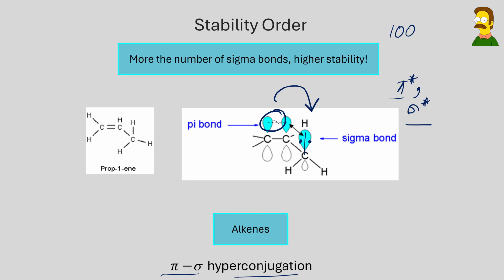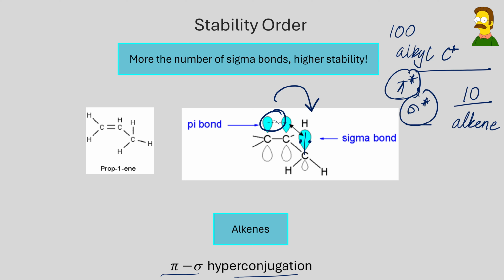If I took 100 to be that of an alkyl carbocation, I'm going to just put it C plus, then an alkene, not a carbocation, just an alkene basically, is 10, because the lowering of energy still happens. But of course, sigma star is going to have a higher energy than sigma, and a pi star is also going to have a higher energy than this. So that's why stability exists, but the stability is lower in case of alkenes.